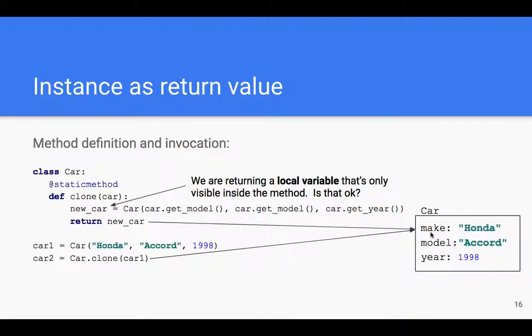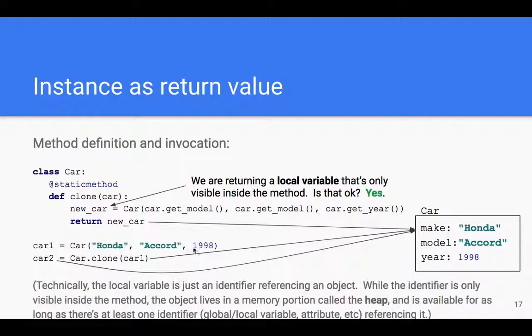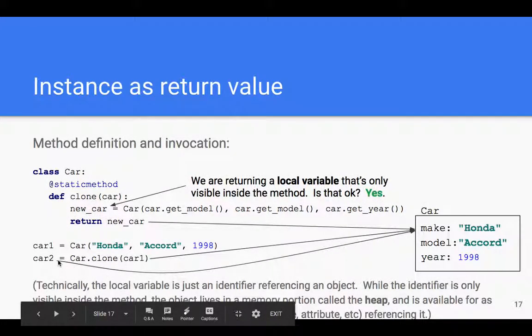And remember what we said about when we assign one identifier to another? That final assignment is assigning this reference to car2, which now points to this instance of car.